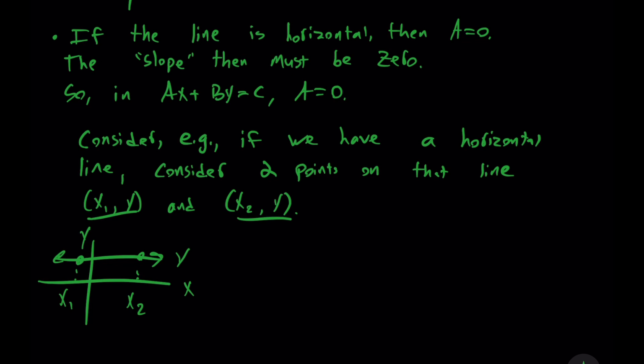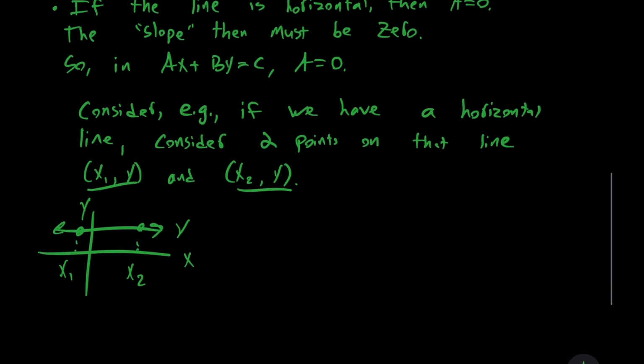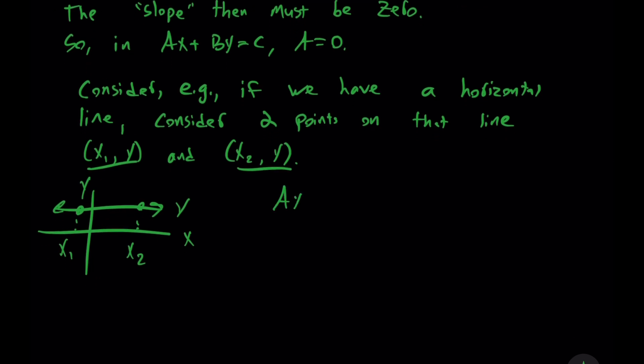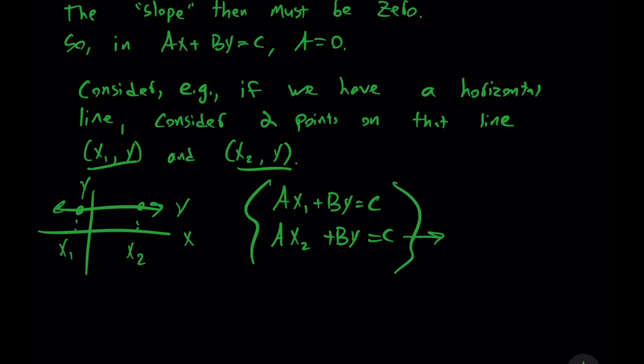So then we can think of this, so to speak, as a 2 by 2 system of equations. So we have on the one hand a x sub 1 plus b y equals c. We have a times x sub 2 plus by is equal to c. We can solve, for example, y in the second equation. So y is equal to negative a x sub 2 plus c over b. And then we can plug that into the first equation and spit out the result.